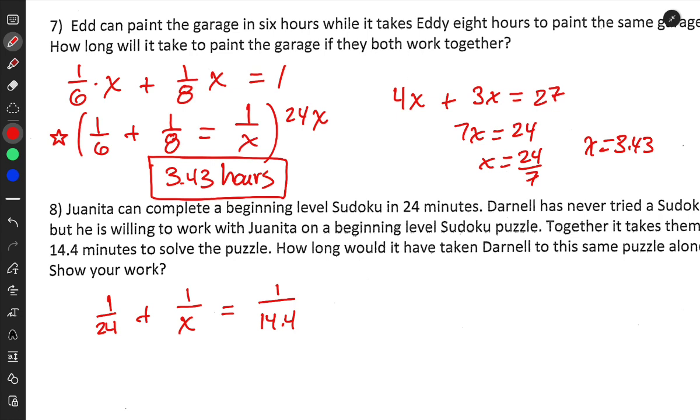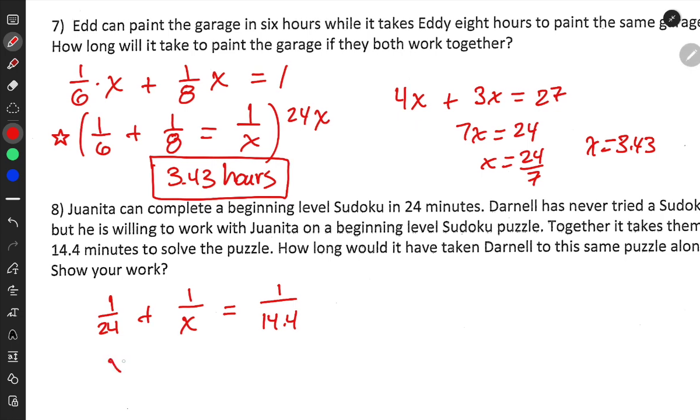If I multiply 24 times 14.4, I get 345.6. I'm not really impressed with that. What happens if I multiply everything by x? I would get x over 24 plus the number 1 equals x over 14.4.